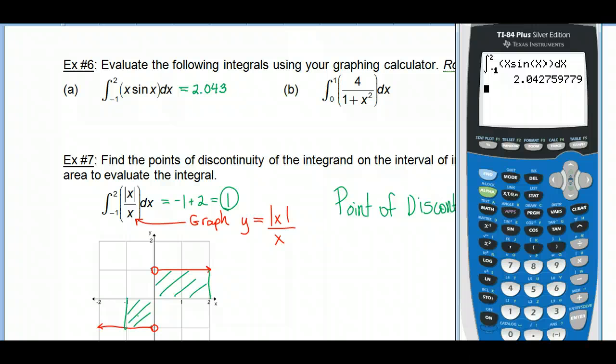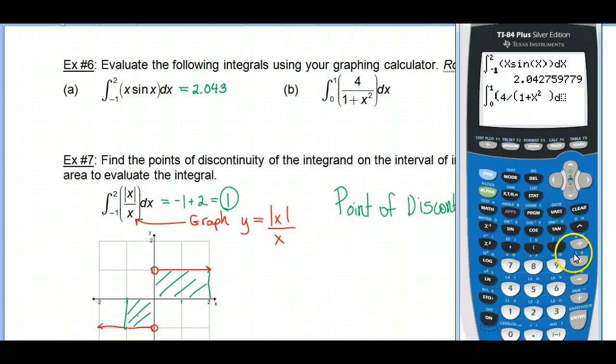Go ahead and type in the next one. So we'll do math 9. Then 4 divided by 1 plus x squared, close parentheses. Do you need to put a dx?